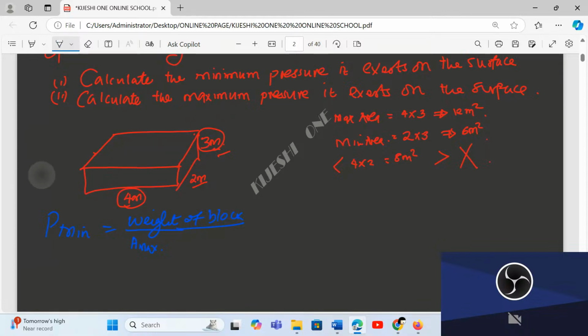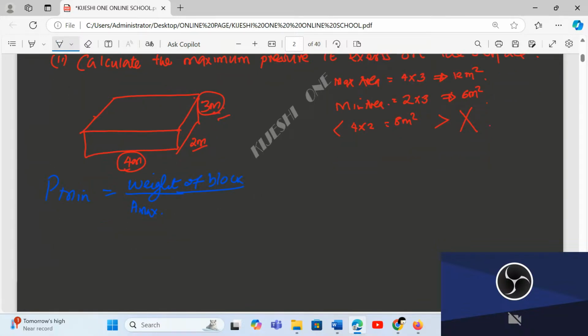So that now gets weight of block, which will be the same as, we are told it is of mass 48 kilograms. Then you multiply by G. So 48 times 10. This one will lead us to 480 newtons.